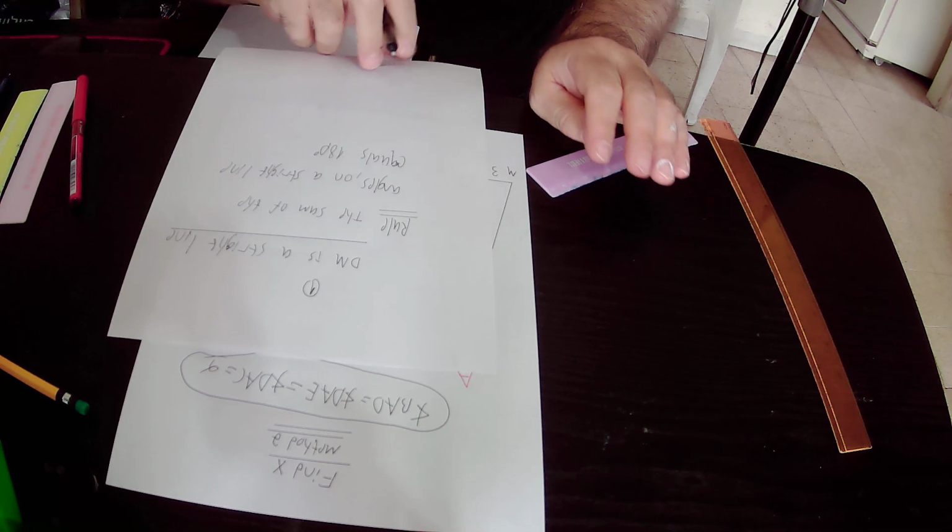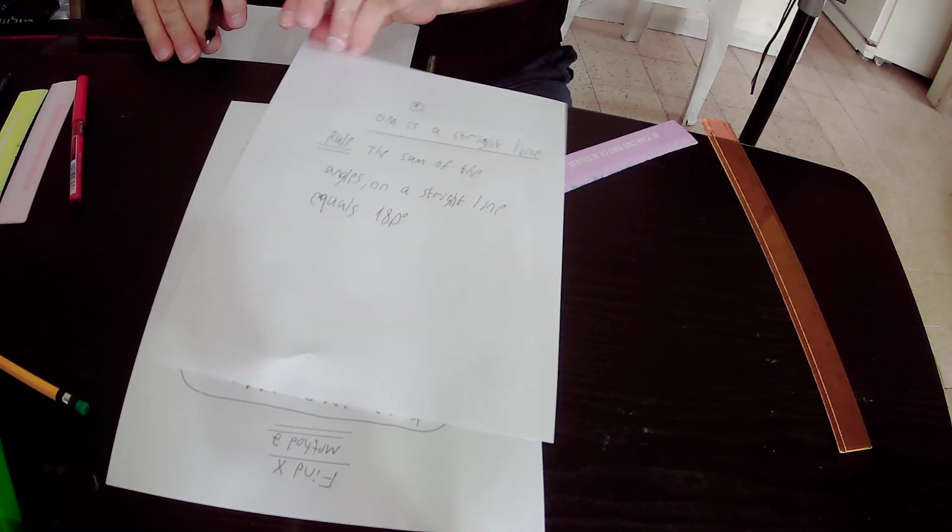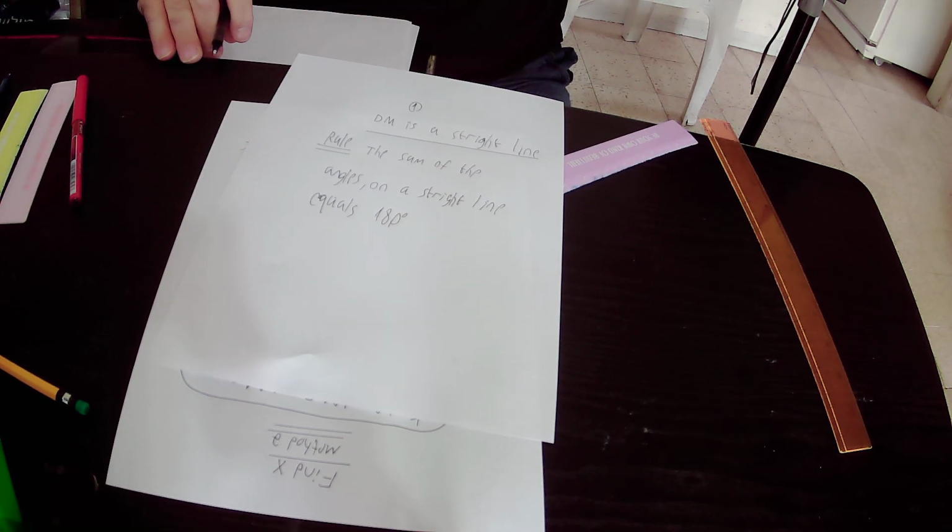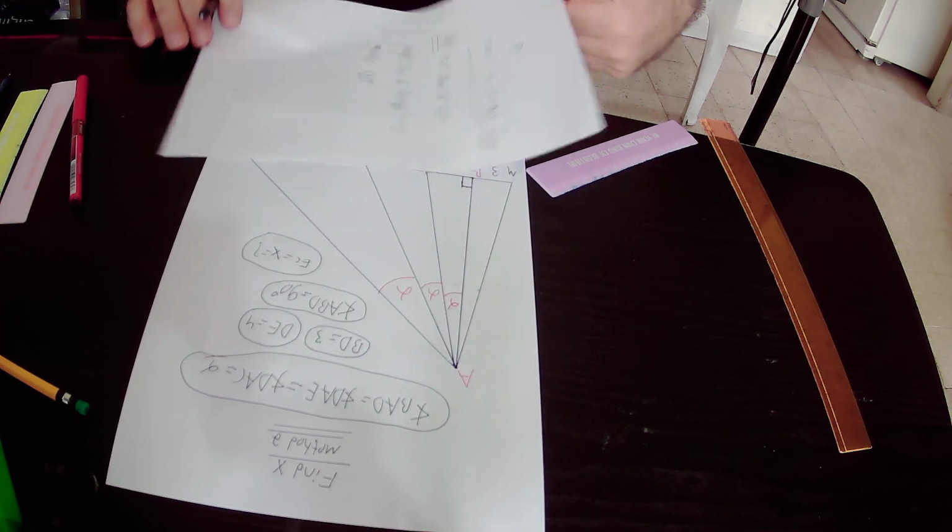I will read the rule again. The rule states that the sum of the angles on a straight line equals 180 degrees.